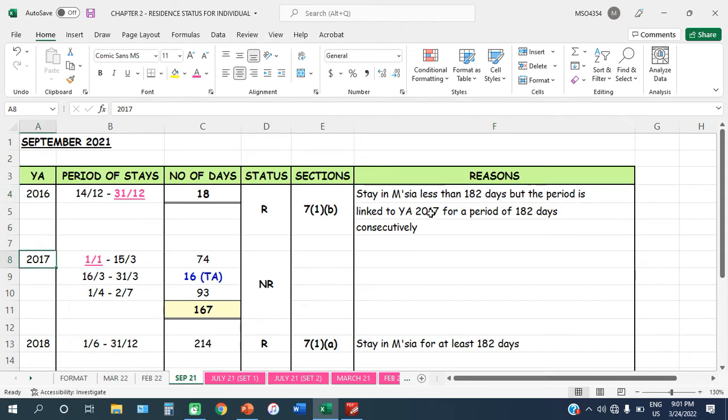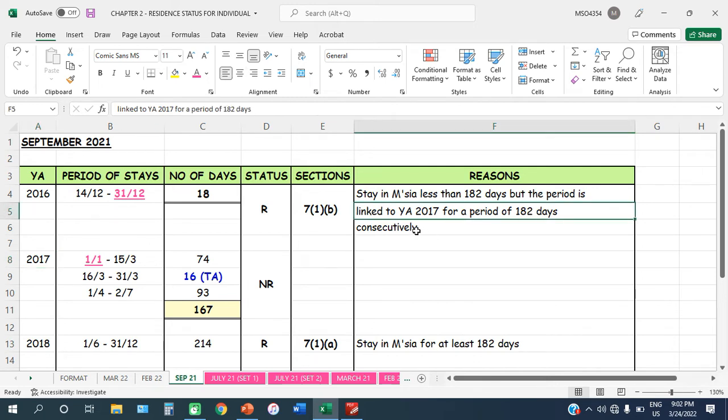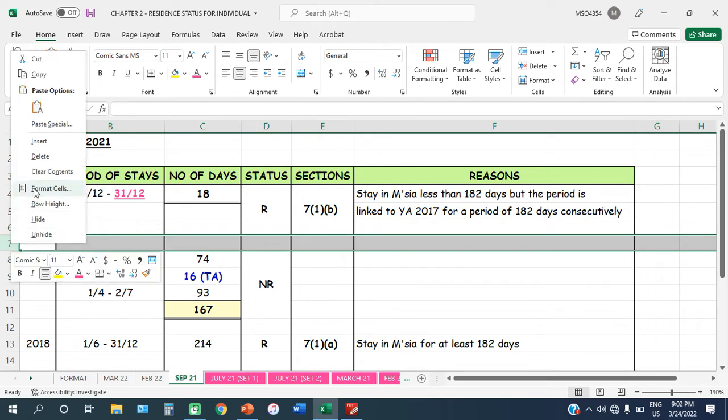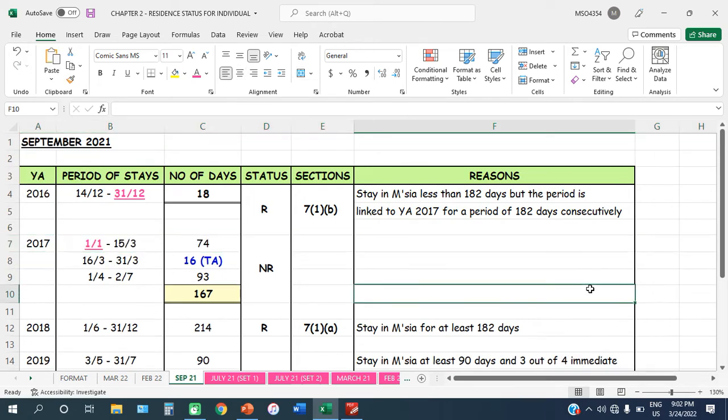To YE 2017, for a period of 182 days consecutively. So this is how you give reason under section 7, subsection 1B, link 2.